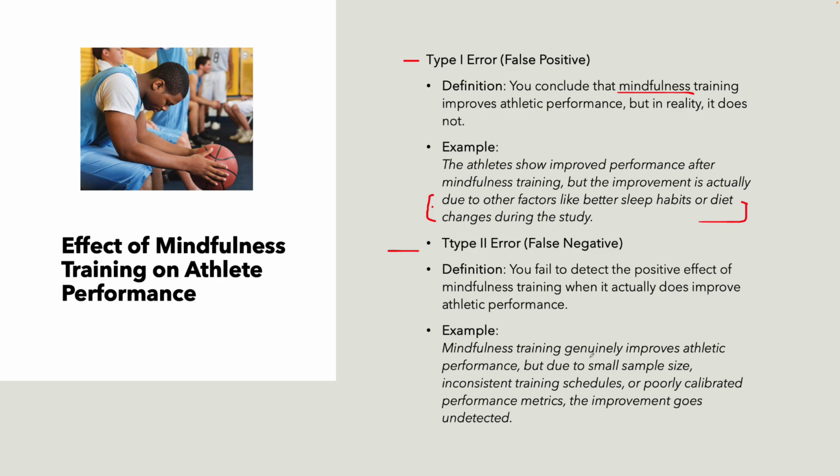Mindfulness training genuinely improves athletic performance, but due to small sample size, inconsistent training schedules or poorly calibrated performance measurements, the improvements go undetected. So again, you could be onto something really novel here, but there could be other variables or factors that you're not controlling for, and that might be impacting what you're actually seeing.